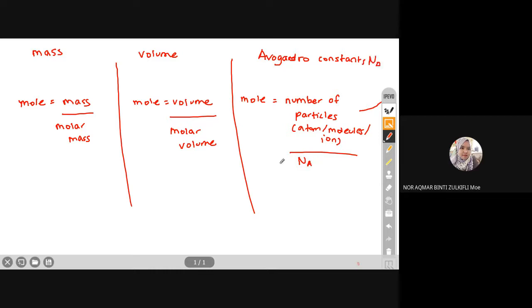The value of Na is 6.02 times 10 power of 23. So these 3 formulas you need to memorize.